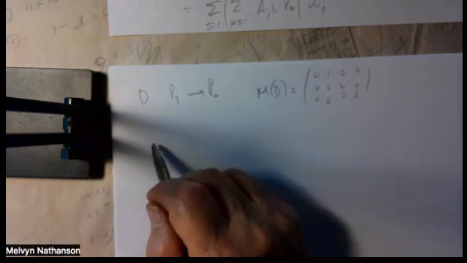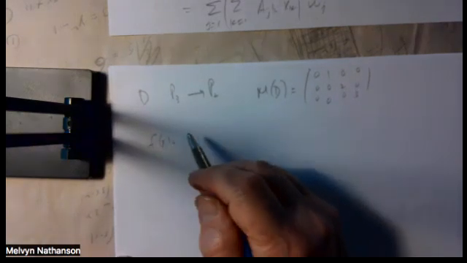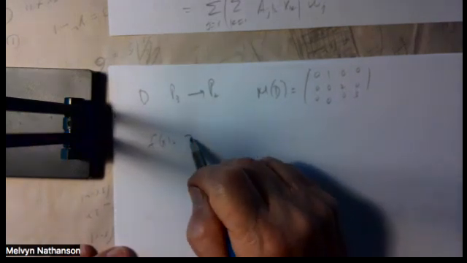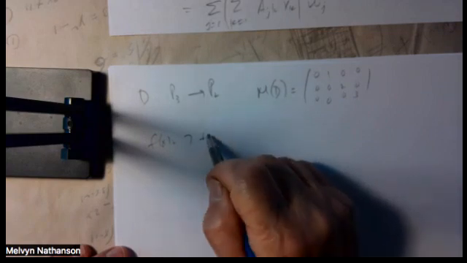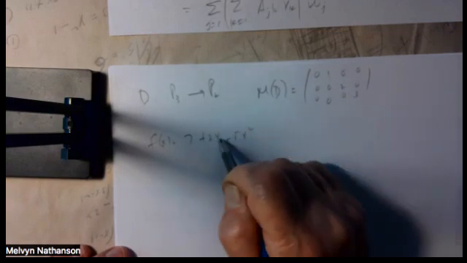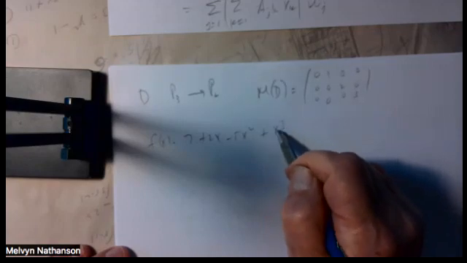So suppose I take a polynomial f of x, like 7 plus 2x minus 5x squared plus x cubed.